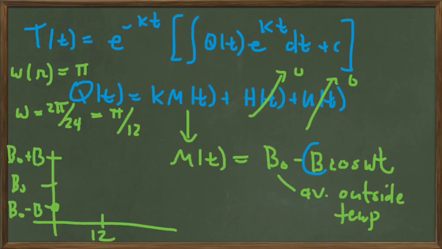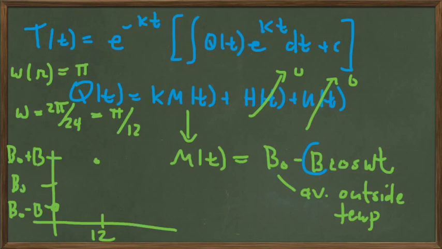And so cosine of pi is minus 1. So m of pi is going to be b0 minus b times minus 1, which is b0 plus b, which is up here.